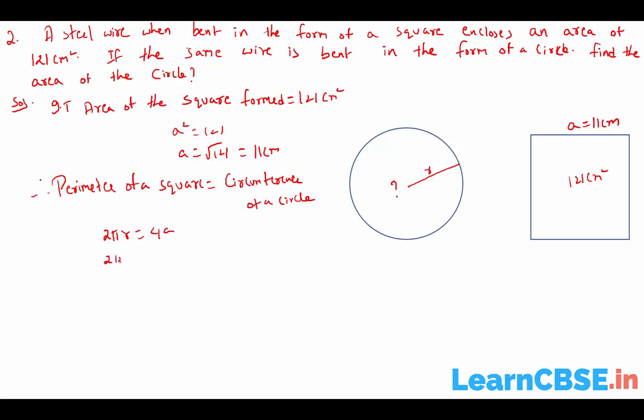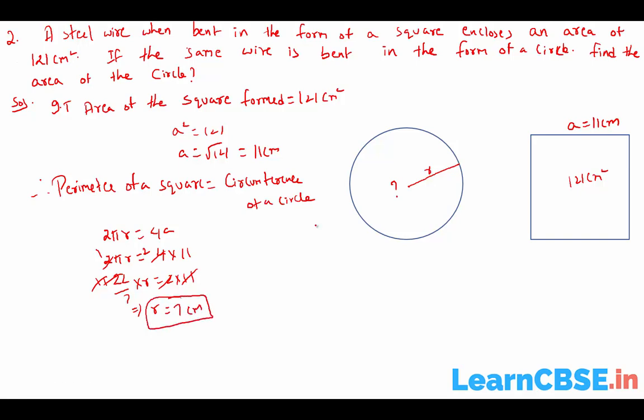Then 2 pi r equals to 44, 4 into a is 11, 2 ones, 2 twos. Now 22 by 7 into r equals to 2 into 11, 2 ones, 2 11s, 11 ones, 11 ones. From this r equals to 7 centimeters.